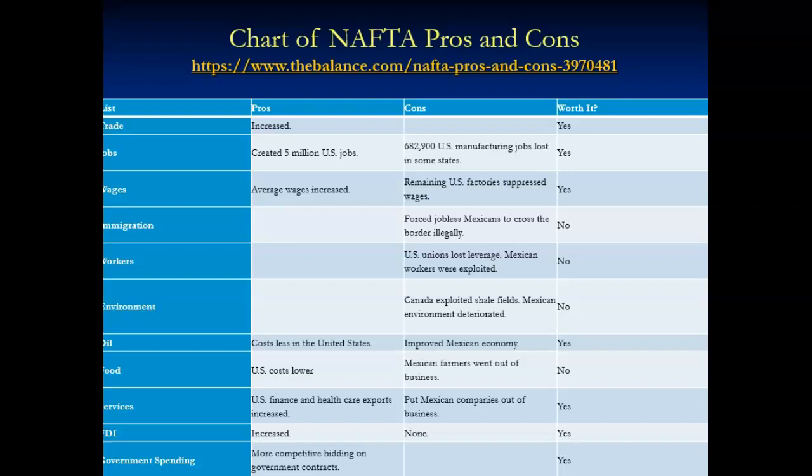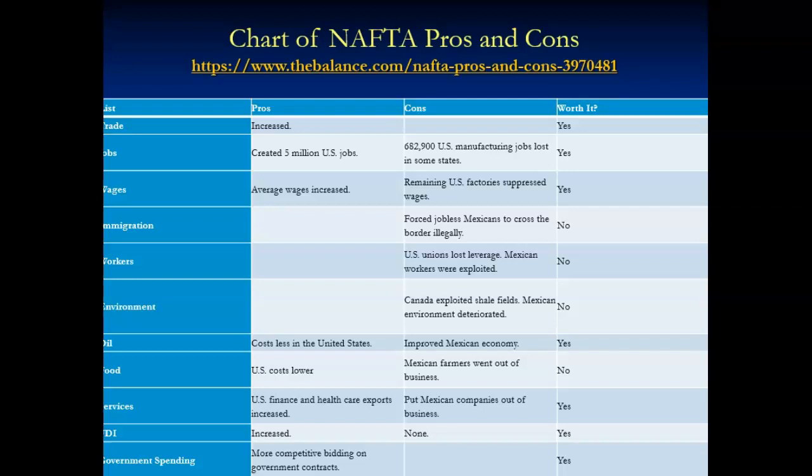Okay, so here's a little chart of NAFTA pros and cons that I got from this website called The Balance. And you can see that trade increased, so that is up in jobs. There are 5 million more jobs in the US, but the US lost probably 682,000 manufacturing jobs. Of course, that will impact some states more than others.